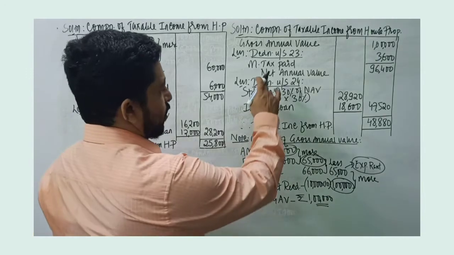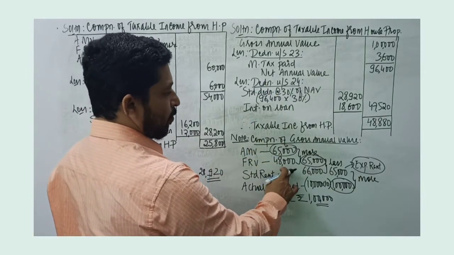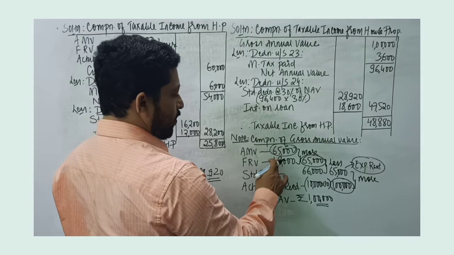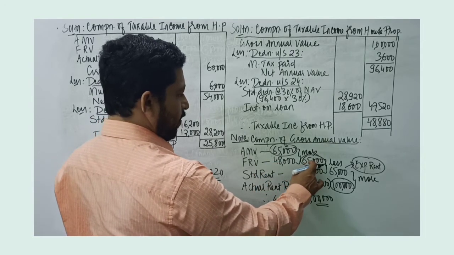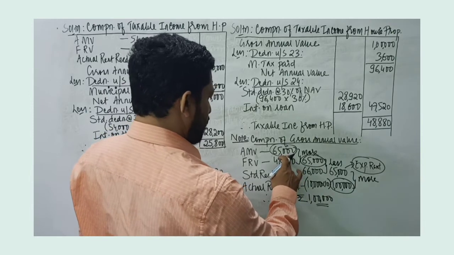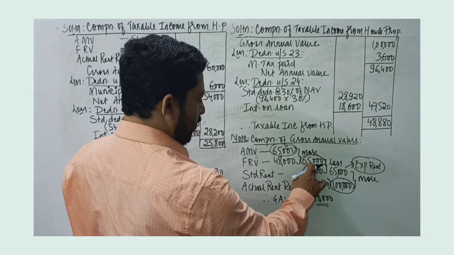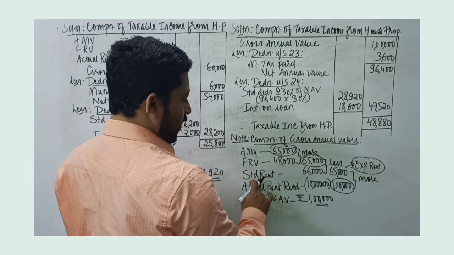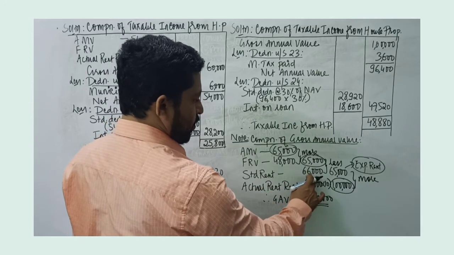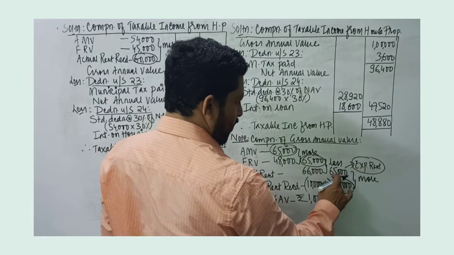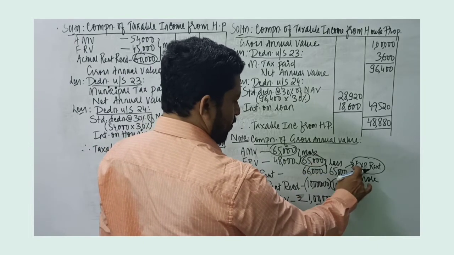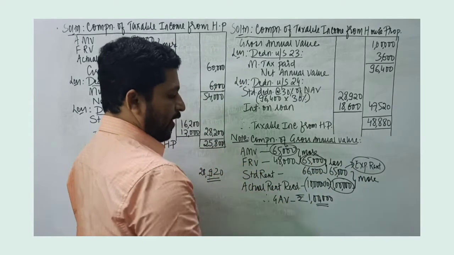Once again, we can check. We calculate the GAV in the problem. AMV is given; compare that with FRV, whichever is more. We find 65,000 is more compared to 48,000, so that becomes the answer to step 1. Then compare that with standard rent, which is 66,000, whichever is less. So 65,000 is less, and that becomes expected rent. Compare that with actual rent received.